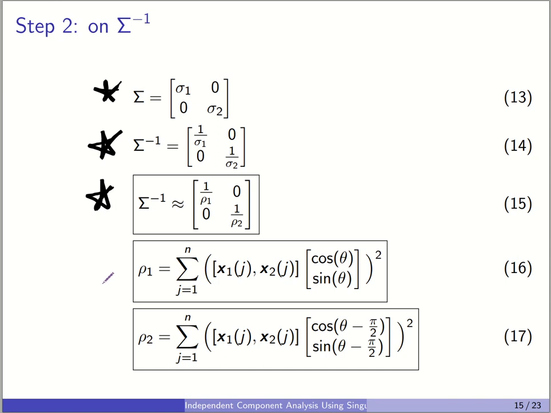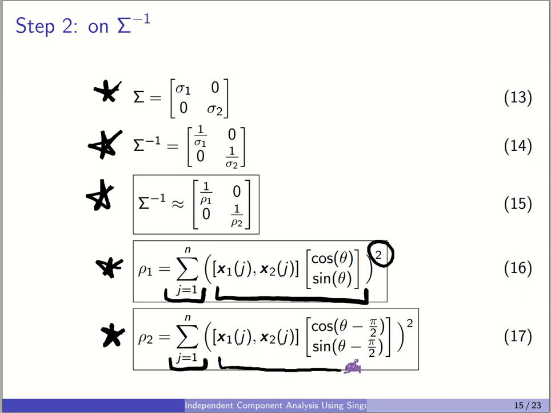What is rho 1 and rho 2? We are showing it in equations 16 and 17. So rho 1 is again a summation over the n samples, and this is the rotation, x1 cosine plus x2 sine, which is squared. And this squared is because of the quadratic characteristic of variance, because we are showing the scaling or variance.